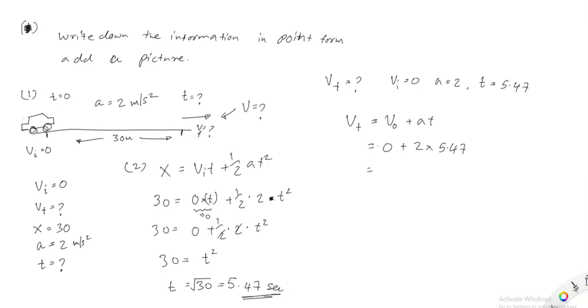So this is like 10.9 something, I believe. Meters per second, velocity final. By the time it reached the other end of the intersection, the velocity is 10.94 meters per second.